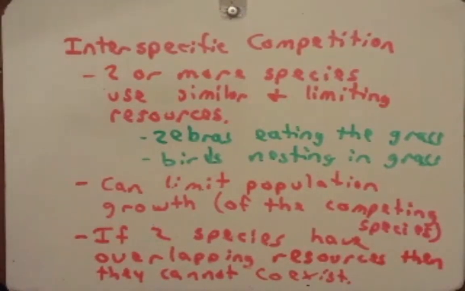So let me explain this a little bit more. Indeed, you can have two organisms using the same resources, but if you have two organisms who completely overlap with how they use the resources and multiple resources, then one of them has to go. One species will win in this battle of the competition. We'll talk a little bit more about that in a moment. Okay, we'll talk about that now, in fact.